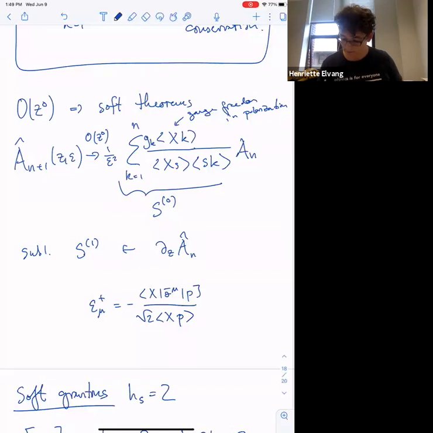And what that was equivalent to is that changing X corresponds to shifting the polarization by something proportional to P. So that is the gauge freedom that you have in your choice of polarizations. In other words, your polarizations have to have some normalization condition, and they have to be transverse to the P's. But other than that, you have a freedom in choosing them. And that's a gauge freedom that sits there.